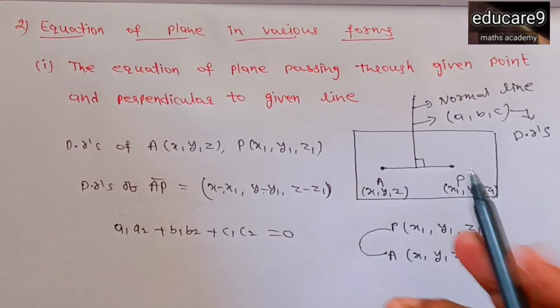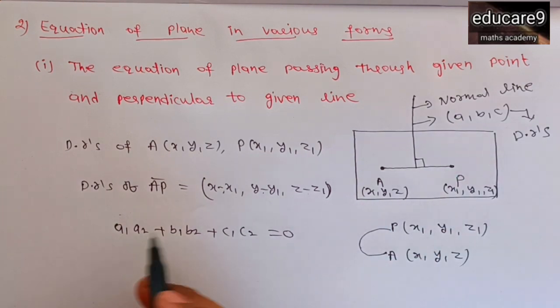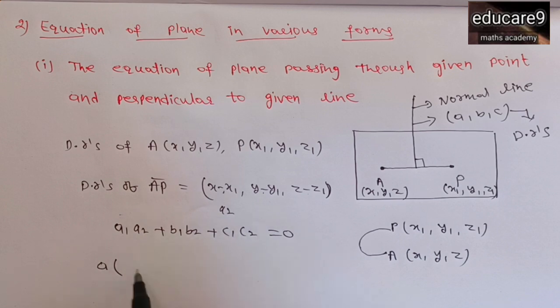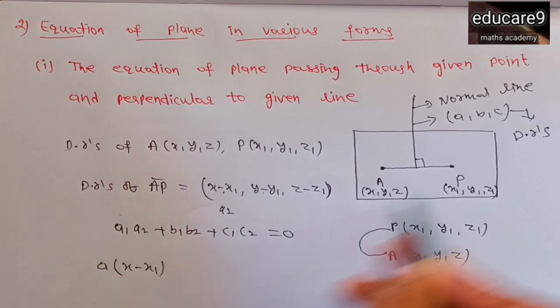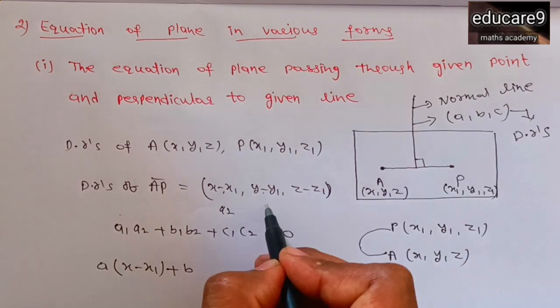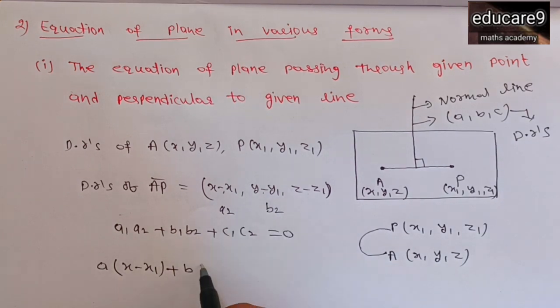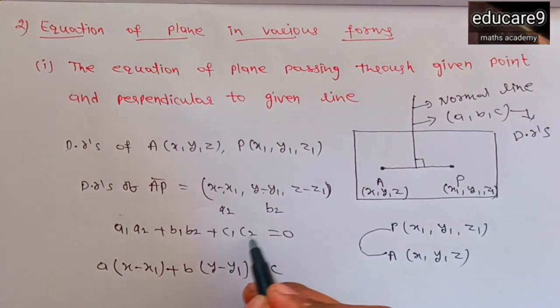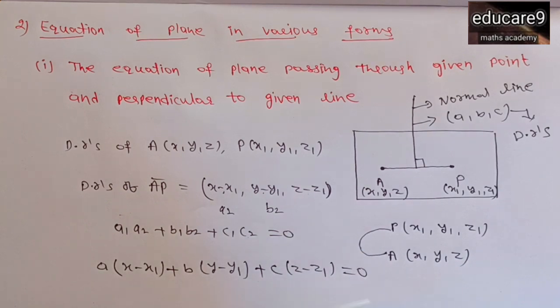So a into (x minus x1), plus b into (y minus y1), plus c into (z minus z1), equals 0.